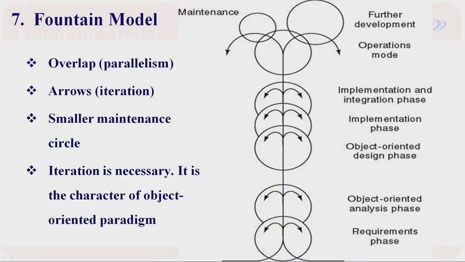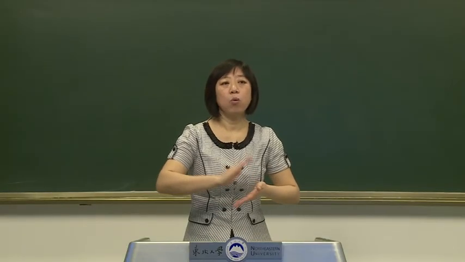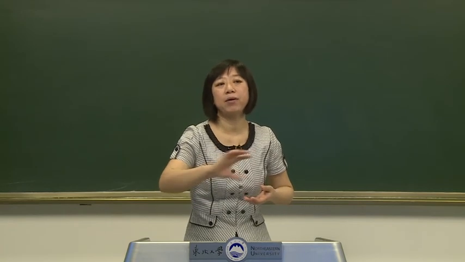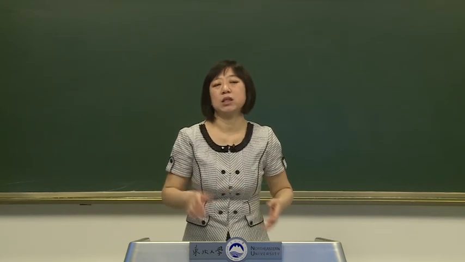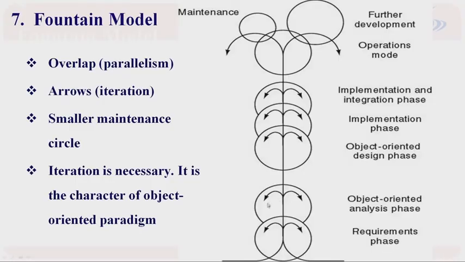Overlap means parallelism. So that means sometimes the work during different phases may be taken in parallel. It's not necessarily linear. You see these arrows. These arrows mean iteration. Iteration is really necessary because it is the character of the object-oriented paradigm.